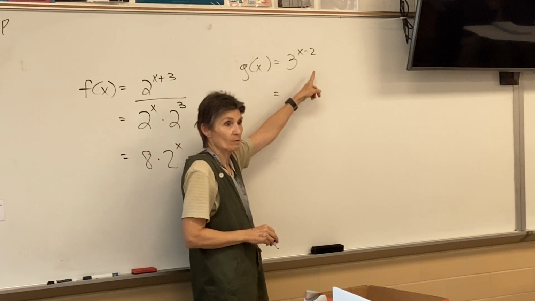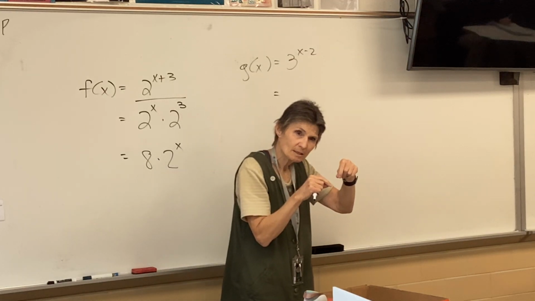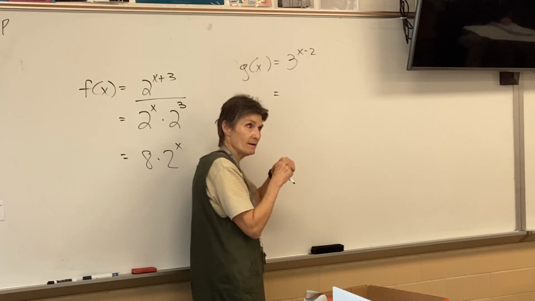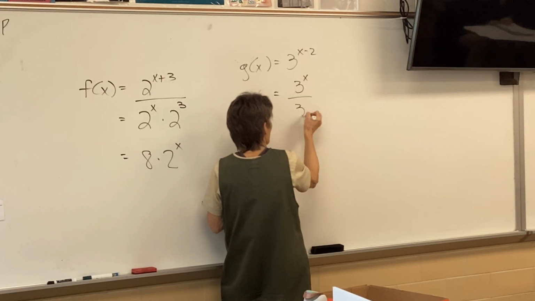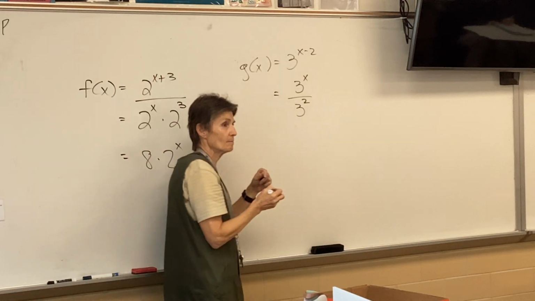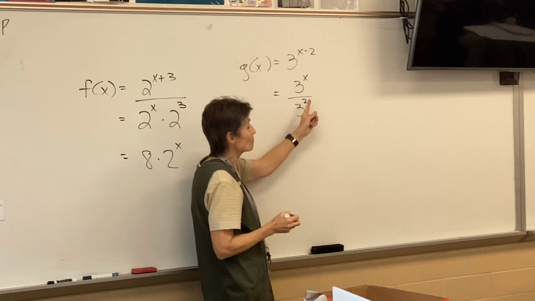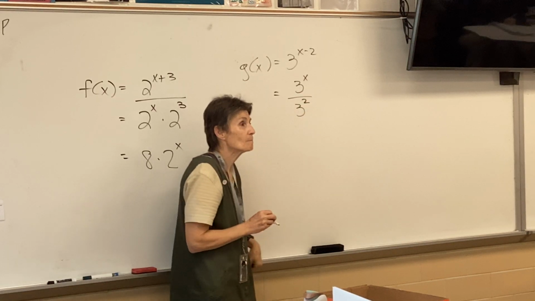Undo that exponent. That's a minus. So what does a minus mean? A divide, right? So this is 3 to the x over 3 to the 2nd, because if I were simplifying this, I would subtract those exponents. Charlie? You just put like 1/9.